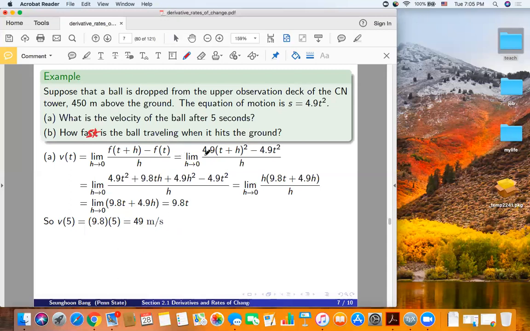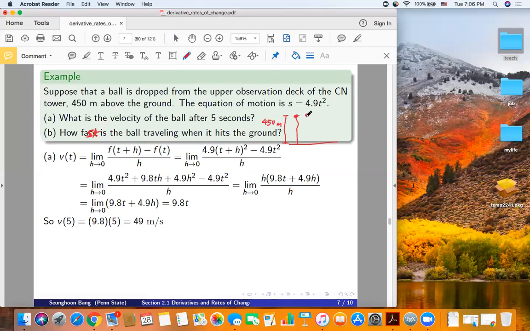So how can you do that? First, you can calculate this one. The CN Tower is given, and this is the ground. The distance between the top of the CN Tower and the ground is exactly 450 meters.